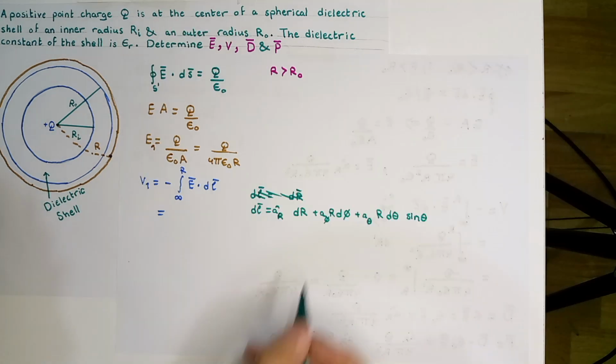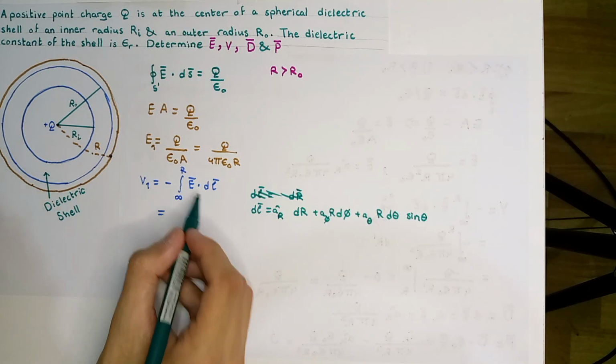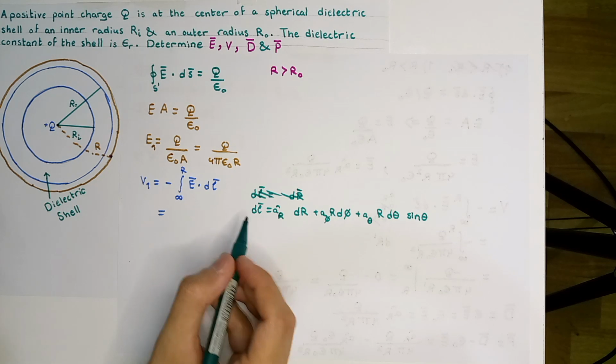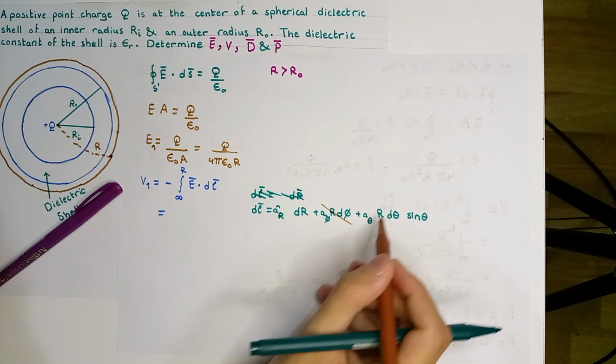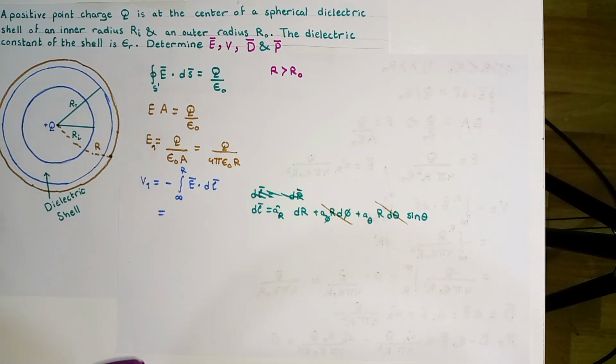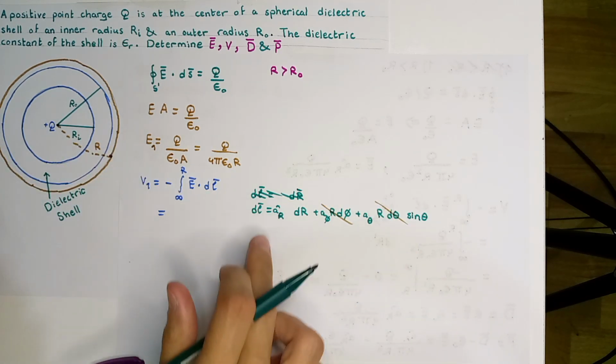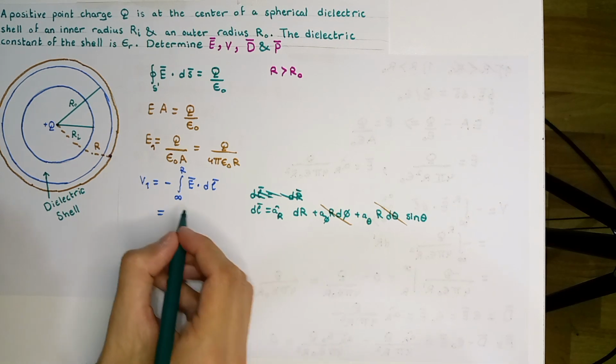When we take the dot product between the electric field and this differential length, these two components are going to vanish, and we will end up with only this one.